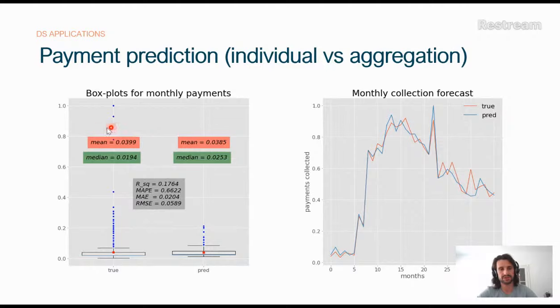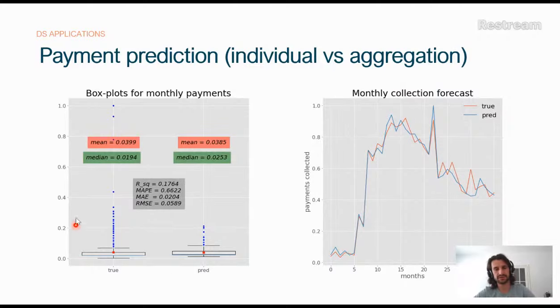So we see that the mean of the true values and the mean of the predicted values are quite close. And that means that we could aggregate all the predictions, and the sum of the predictions will be quite close to the real sum. And this fact might be used for forecasting the cash flow or the monthly collection.